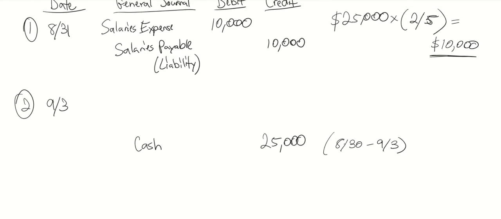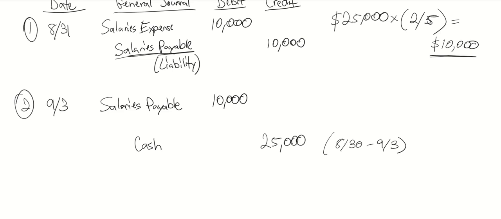This cash payment of $25,000 is going to eliminate this liability, salaries payable. It's going to eliminate this balance of $10,000 by simply debiting this account for $10,000. That's what it's supposed to do. I'll go ahead and erase this X out so no one's confused by it.